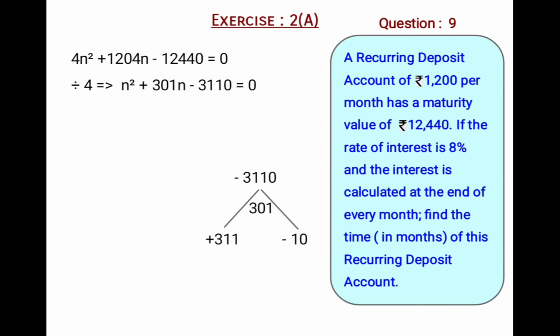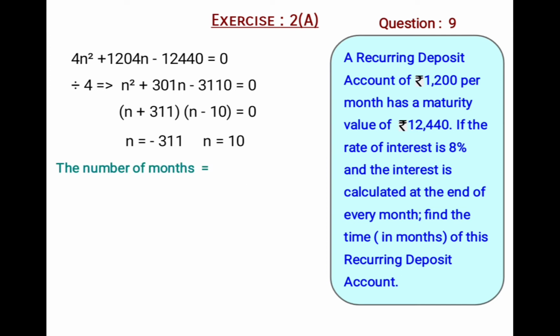On further simplification, we get n plus 311 into n minus 10 equal to 0. Therefore, n is equal to minus 311 or n is equal to 10. We are having two values for n. n is the number of months, so n should be a positive value. So, the number of months is equal to 10.